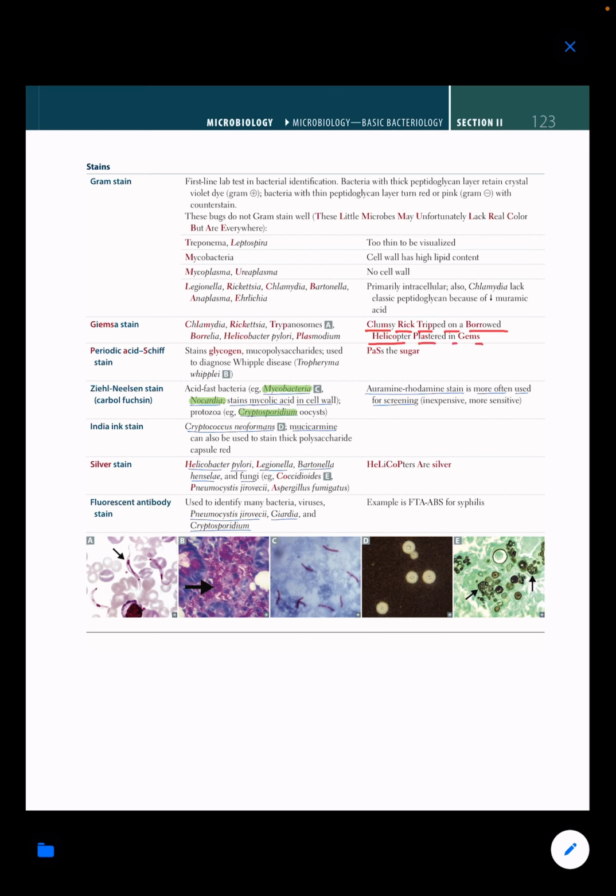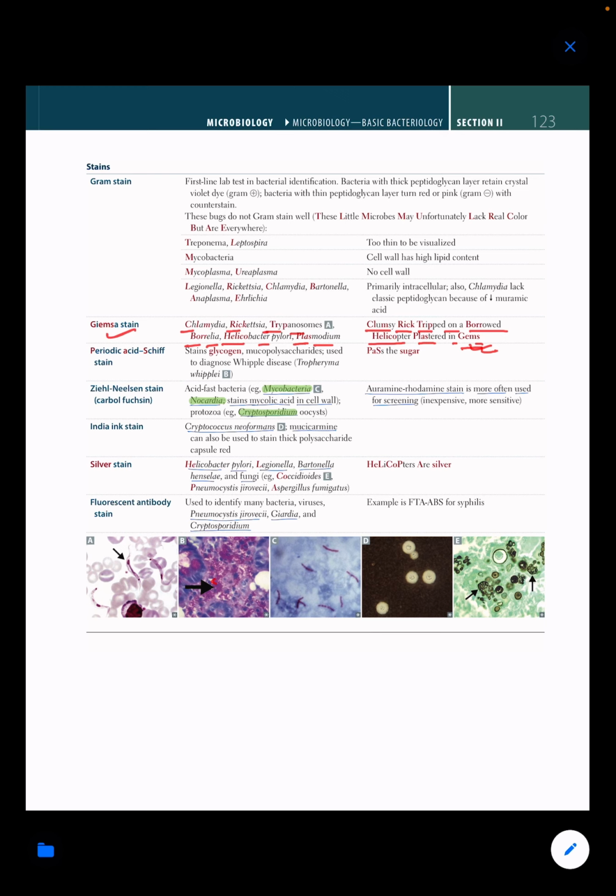So clumsy Chlamydia, Rickettsia, trypanosomes, borrowed Borrelia, Helicobacter pylori, and plastered is Plasmodium, and gems is Giemsa stain. So these stain with Giemsa stain.